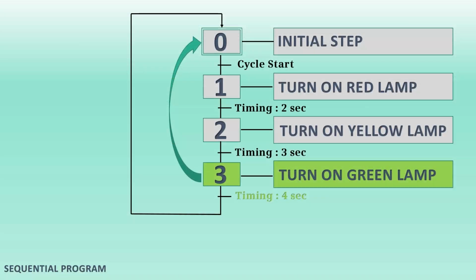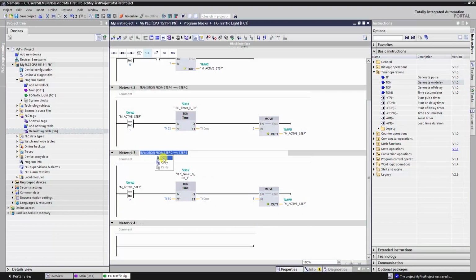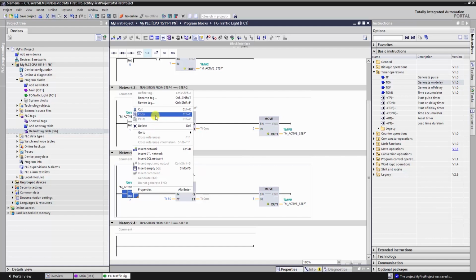The final network will be about how to jump, or in other words, how to go back from step 3 to step 0. With this network, our graph set will be completed. So, through this network, we will teach the PLC that if the active step is 3, and if timer TON completes its preset time, 4 seconds, at this time, we will jump to step 0.